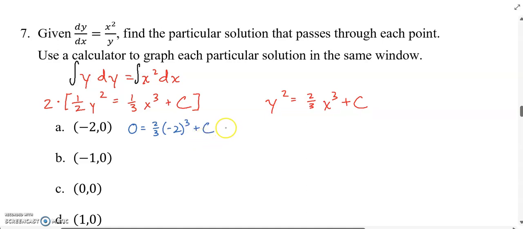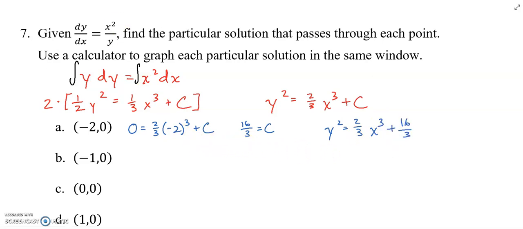So c is going to equal, this is -16/3 that we add to the other side, so we get 16/3 equals c. So our particular solution would be y squared equals 2/3 x cubed plus 16/3. Okay, kind of a strange looking answer, but an answer.